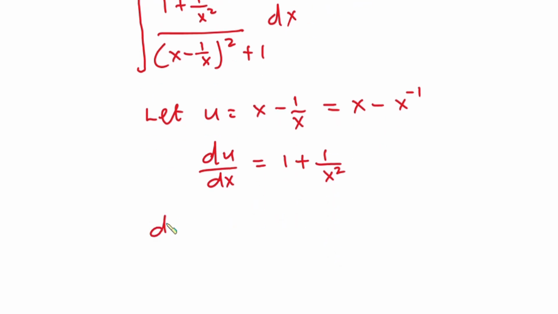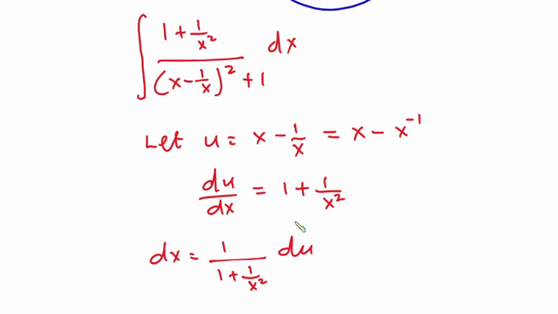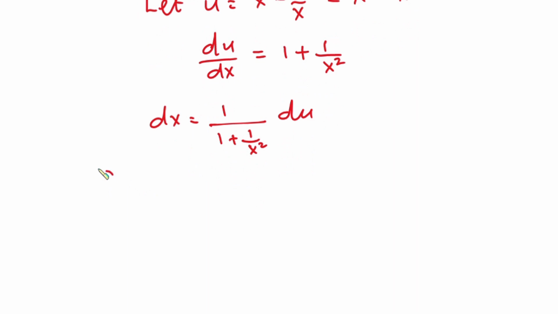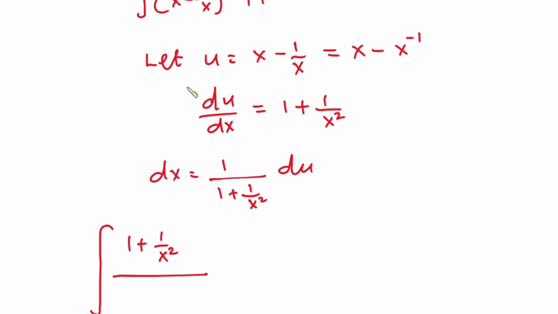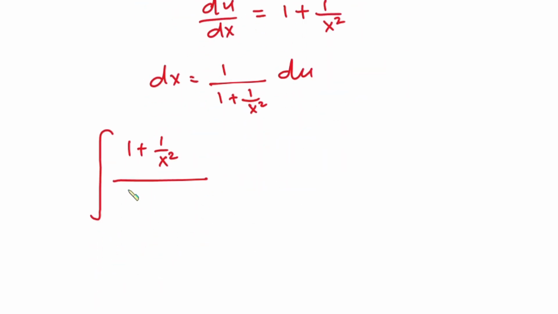So we have dx equal to 1 over 1 plus 1 over x to the second power du. So in place of the dx here, I'm going to put this whole thing, and here I'm going to put u. So this becomes the integral of 1 plus 1 over x to the second power divided by, now this whole thing is u, so we have u to the second power plus 1.